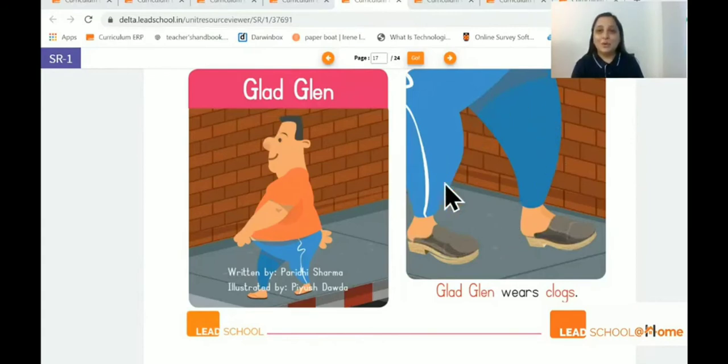You know who is this? This is Glad Glen. And you know what is he wearing? What are these? Yes, these are clogs. Now, in this story, you are going to read the words as well as the sentence. Now, read this word. You know how to read the word.